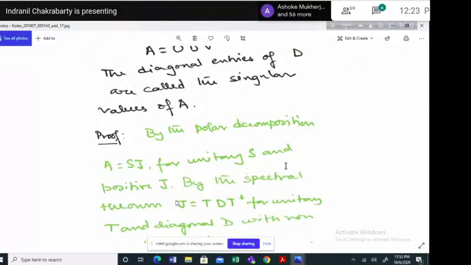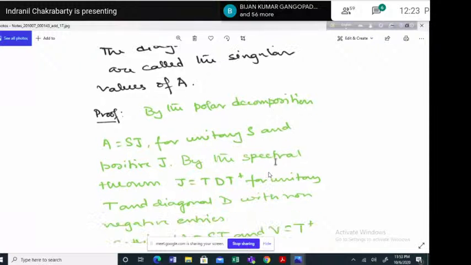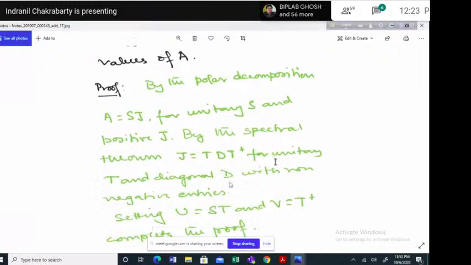So we can say that J is TDT dagger for some unitary T and a diagonal matrix D with non-negative entries. These unitaries will not change the eigenvalues of the diagonal matrix, right?